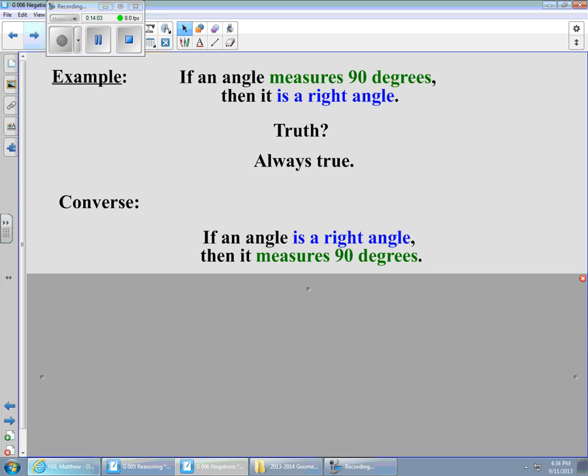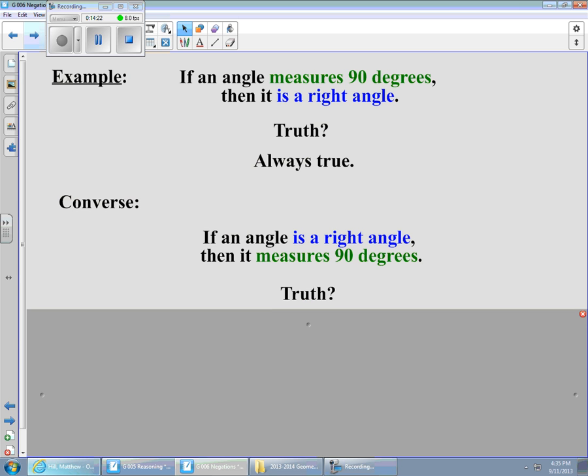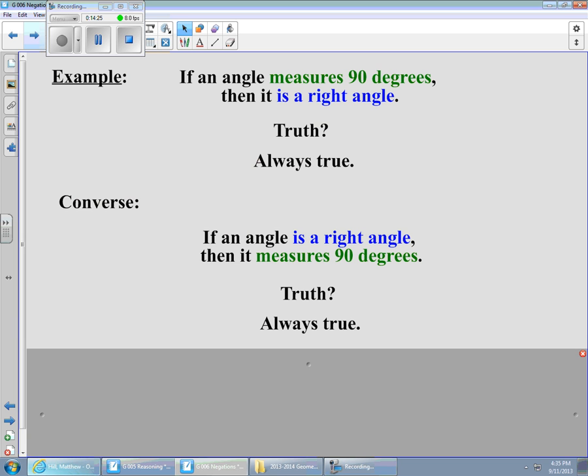If an angle is a right angle, then it measures 90 degrees. Is this always true, sometimes true, or never true? Well, if the angle is a right angle, if we're forcing it into that vocabulary term, does that guarantee that it measures 90 degrees? Absolutely it does. Okay, so we started off with a strong conditional statement, and we have a strong converse to go along with it.